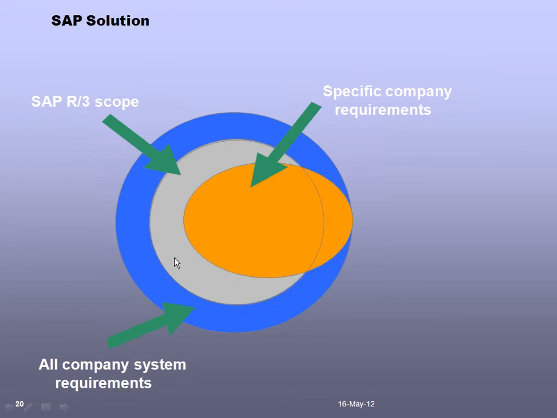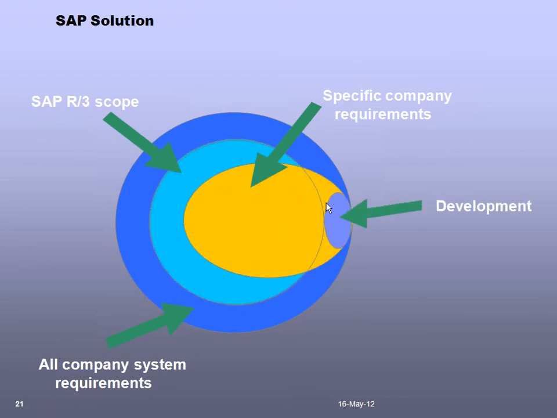That means the majority of the things can be done by standard SAP programs. You just have to identify what is meant for which purpose. So accordingly, you configure your system. Now you could see there is something in between these two circles. The one that is in between these two circles is what we call the gap. How to minimize this gap? You can minimize this gap by simply writing your own piece of code. That is what we call development.